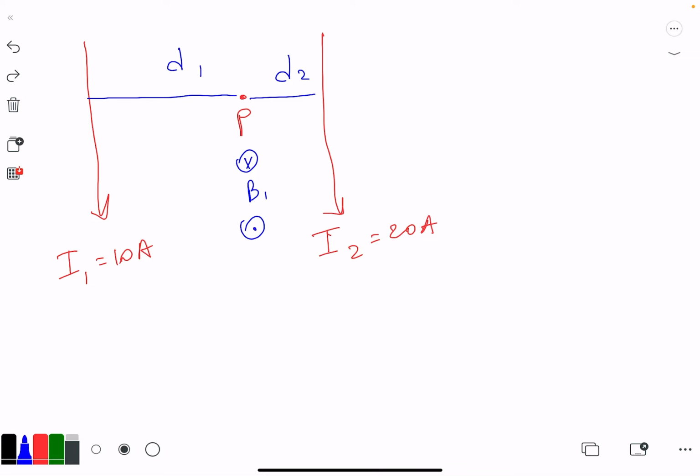Out of the page, this is B2. Okay, so as you can see, one magnetic field is into the page, one is out of the page. So B total is basically, if you take the magnitude, we can say B2, which is out of the page, minus B1, which is into the page.